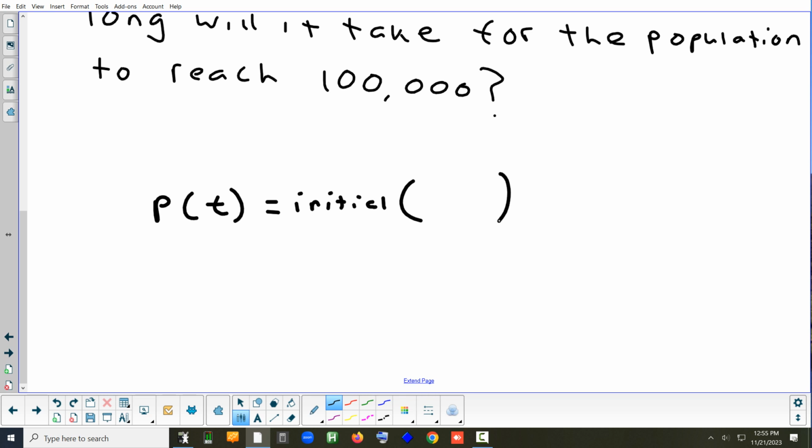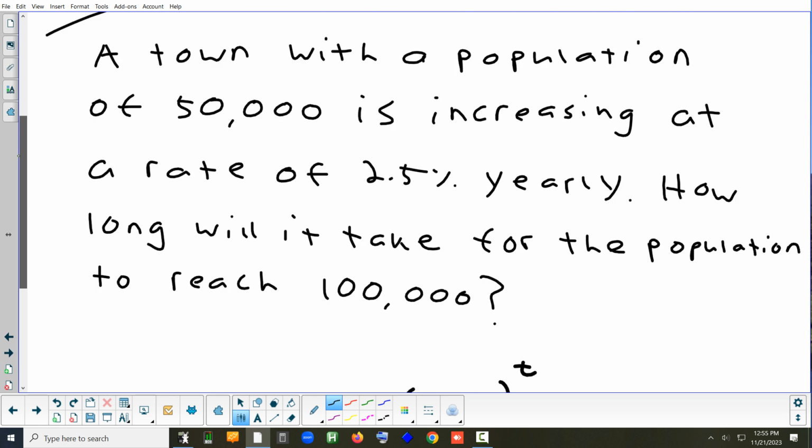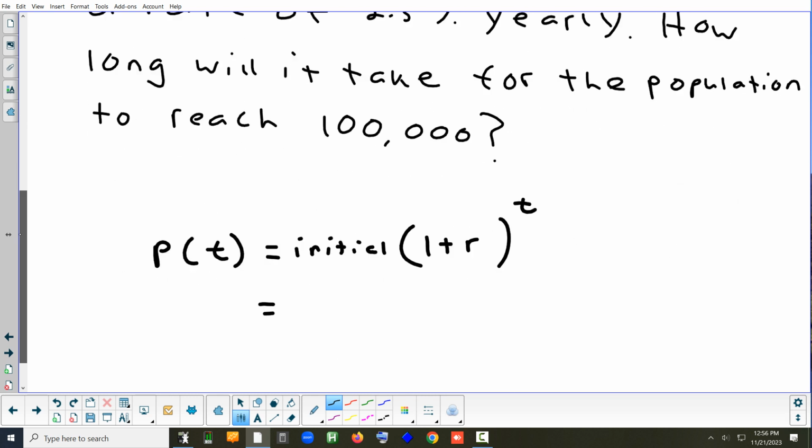The population's not doubling every year though, so we had something a little different. But we did have some where it was a 2, but not this one. It's 1 plus r. Doubling is a 100% growth, so that's why doubling is a 2 there. And then one more thing we need. Right now, that's not an exponential equation because it doesn't have an exponent of the time. Yep. Okay, so now let's fill all that in. So our initial amount is how much? 50,000.